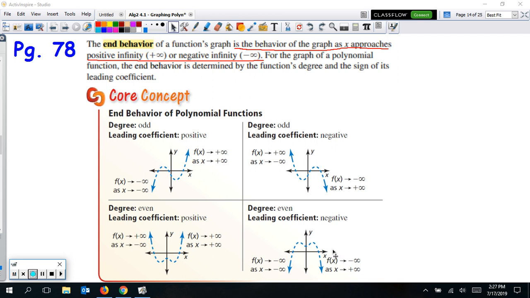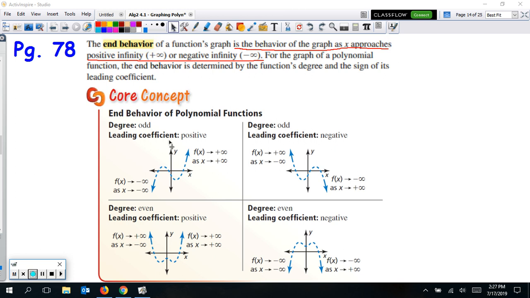Now, the even ones are the ones we should be familiar with because we've seen the x squared ones already. And we know when it's an x squared, which is an even degree, when that's a positive term up in front, like your a number, you're going to be opening up. So your arrows are both going to be pointed up. Or if it's a negative number, you're going to be opening down, and the arrows are both going to be pointing down. That would be essentially the behavior of the graph.